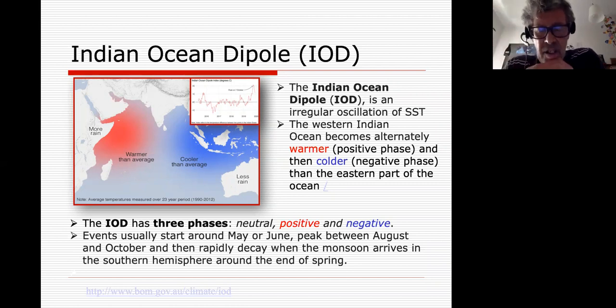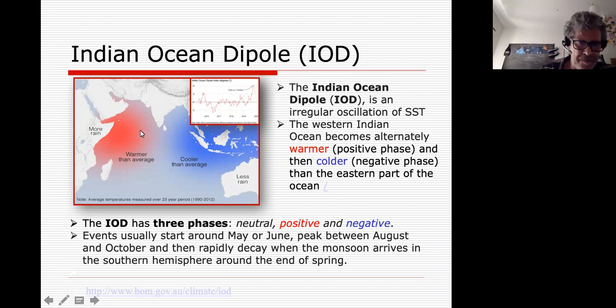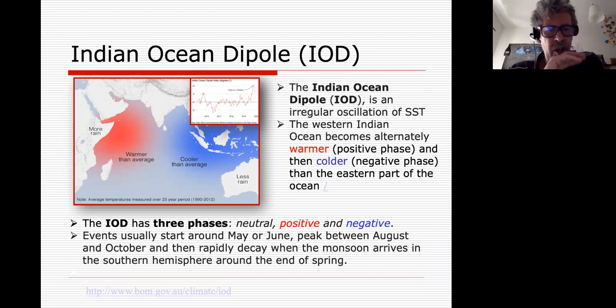One is the positive phase, which is associated with warmer than average sea surface temperature in the western side of the Indian Ocean, and a negative anomaly, so sea surface temperature which is cooler than average, in the eastern part.